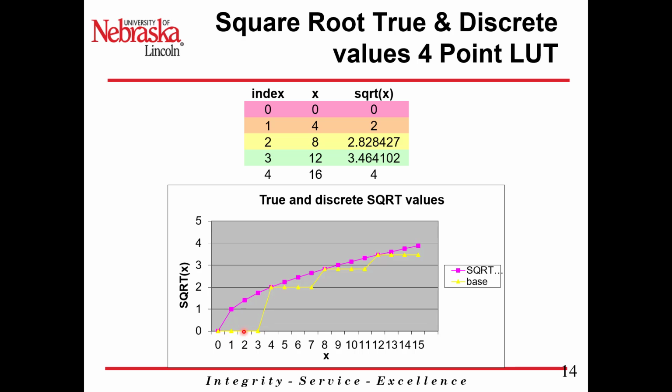So if we just use the base value and jump, then we'd have some error on that graph. That's a lot of error between these values 1, 2, and 3. So we're going to talk about interpolation to do those calculations and find the straight line linear interpolation between 0 and 4 on our table.